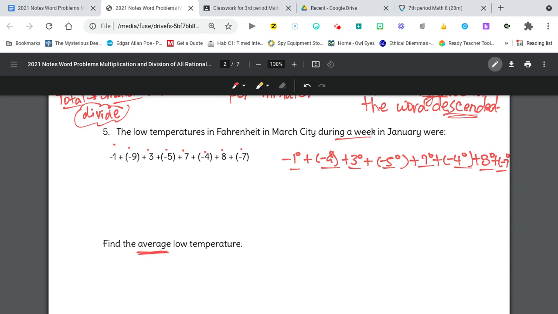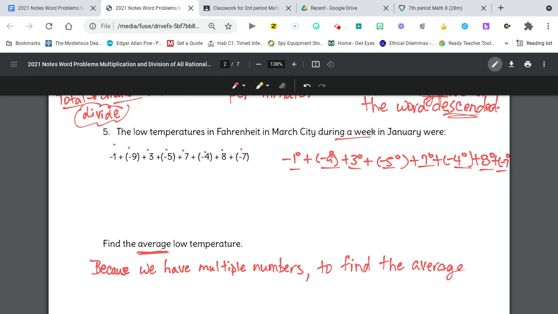Well, because we have multiple numbers, to find the average, we're going to treat it like you got multiple grades.